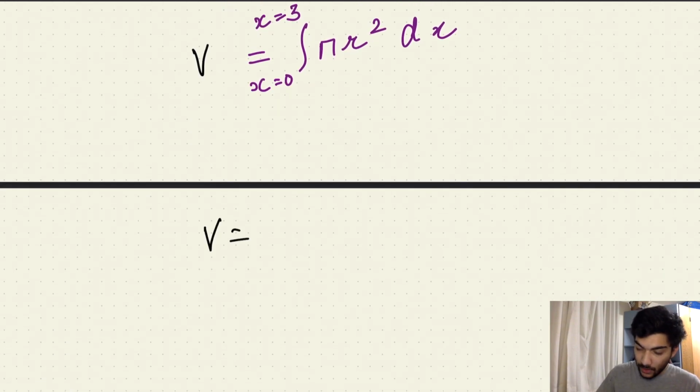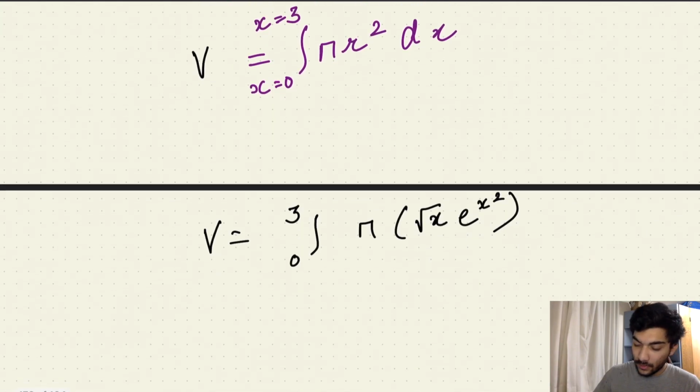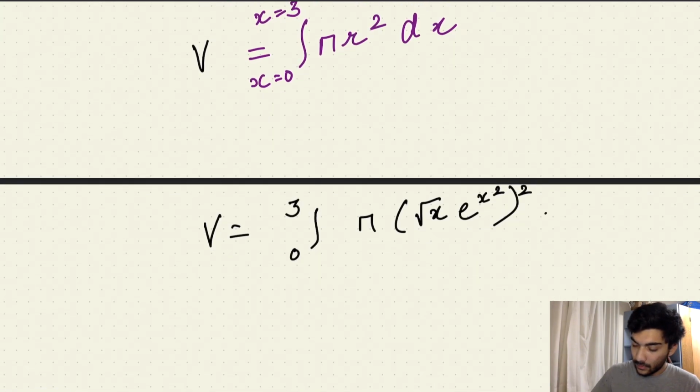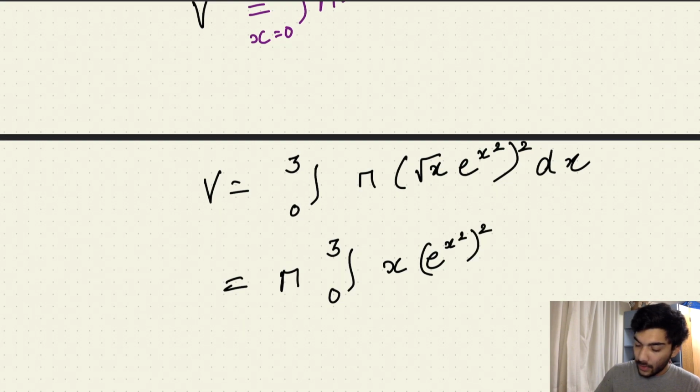So our volume would be the integral from 0 to 3 of pi times root x e to the power x squared dx, right? Pi can be taken out, and this would be the integral from 0 to 3 of x times e to the power x squared, whole squared, times dx.